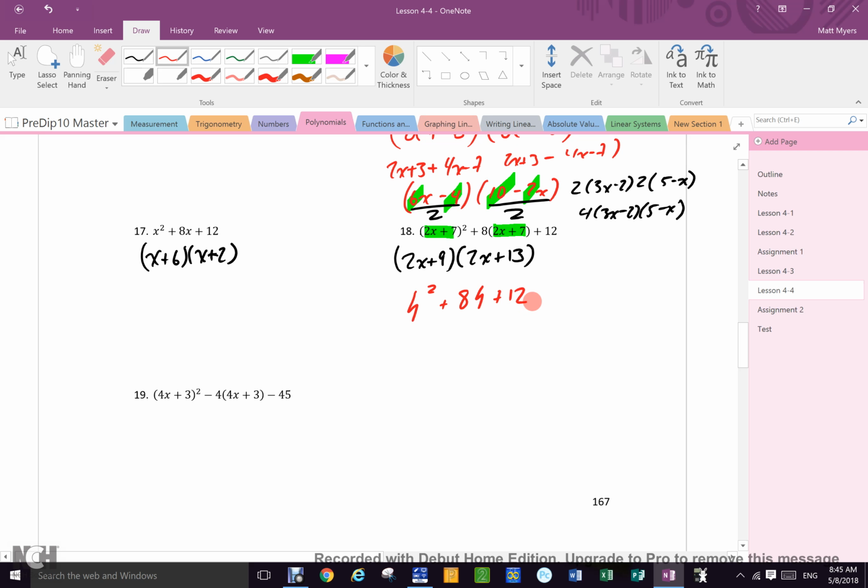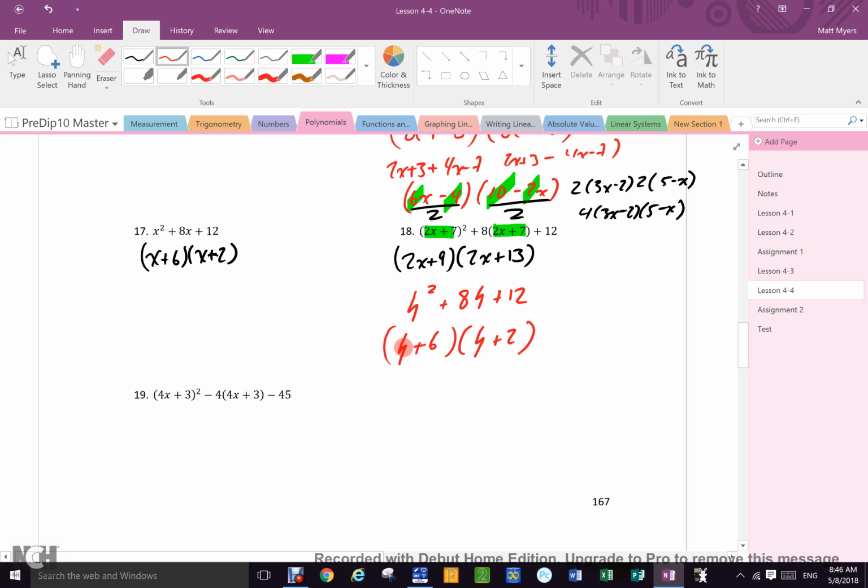So then I need factors of 12 that add to 8, right? Which would be lightning bolt plus 6 and lightning bolt plus 2, right? Lightning bolt times lightning bolt is lightning bolt squared. 2 lightning bolts and 6 lightning bolts is 8. 6 and 2 is 12.